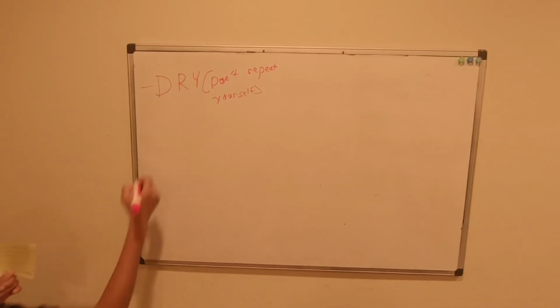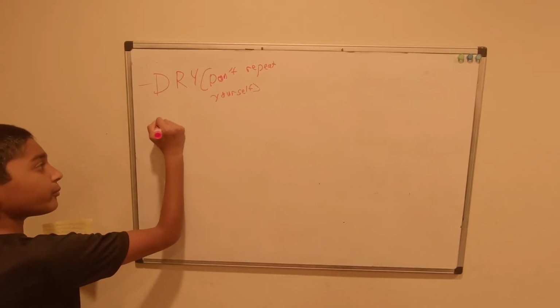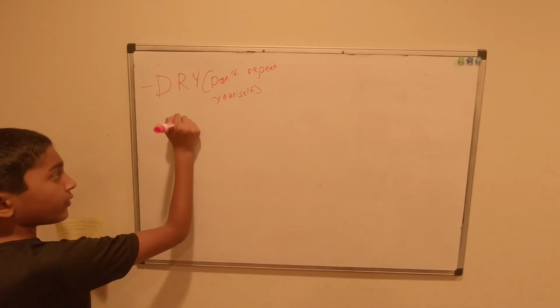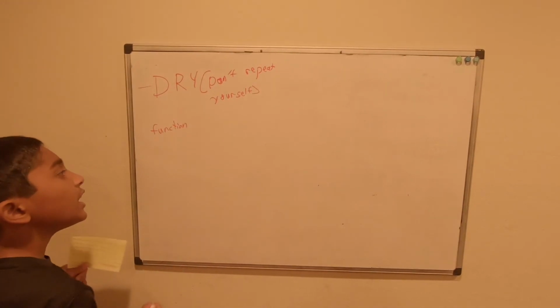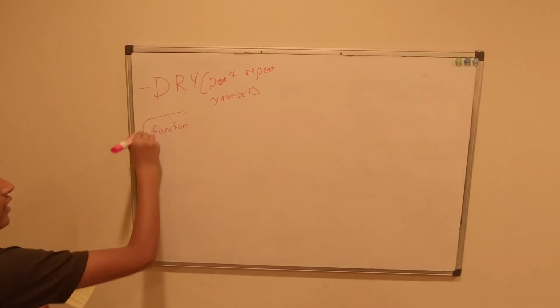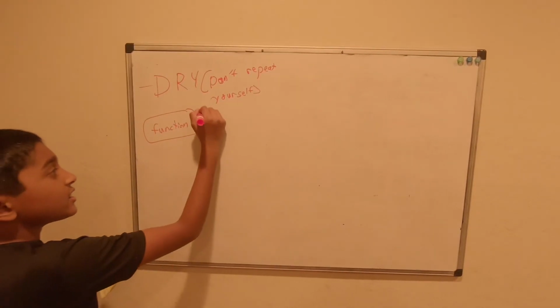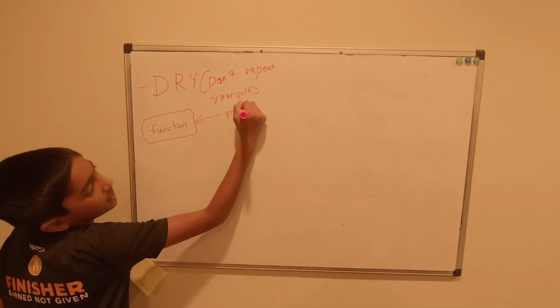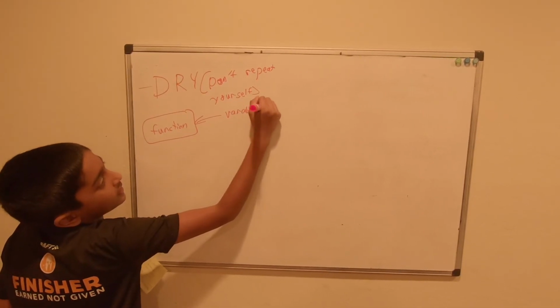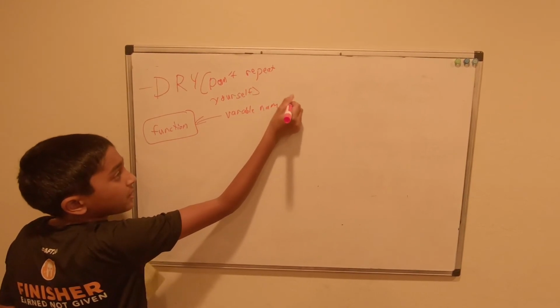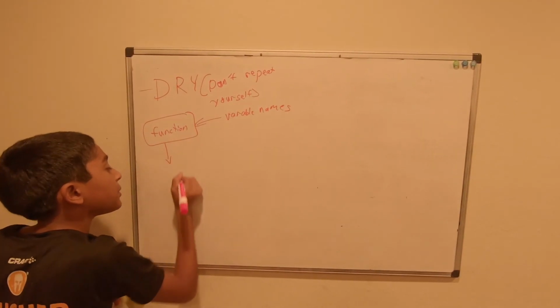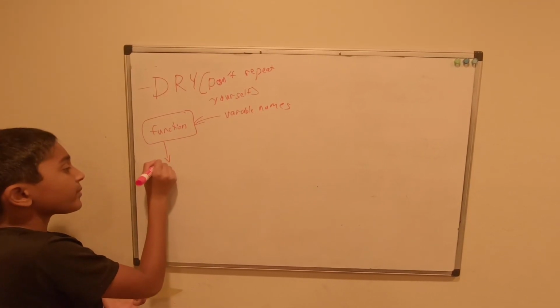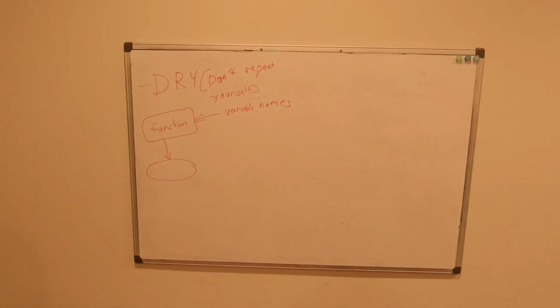Instead, if you make a function that will take in some sort of input, which is some variable names or something like that, and then on the output, it'll do some set thing, right?